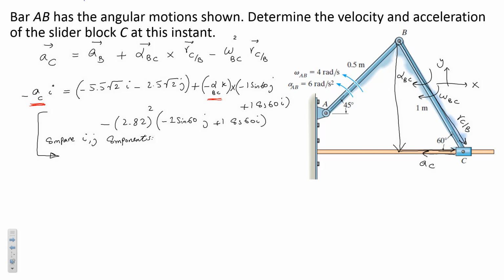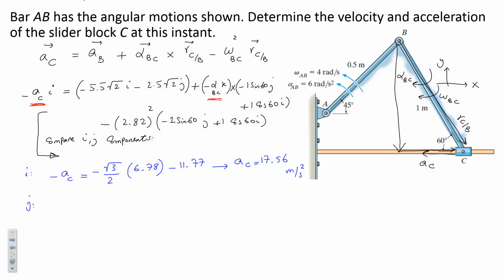If you compare these components, for the i components, we have minus AC is equal to minus square root of 3 divided by 2 times 6.78 minus 11.77. That gives AC equal to 17.56 meter per second square.